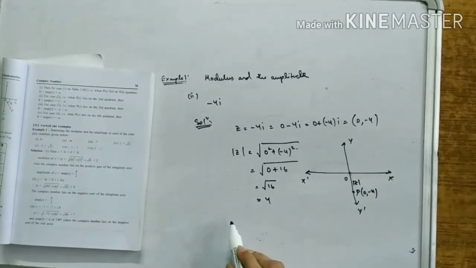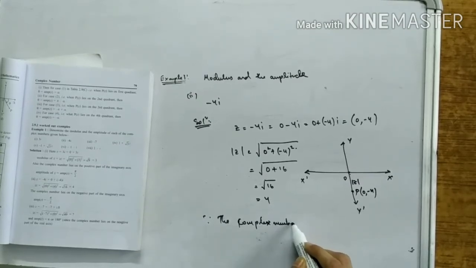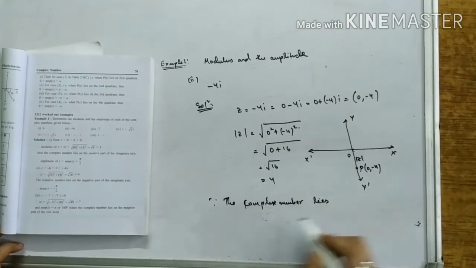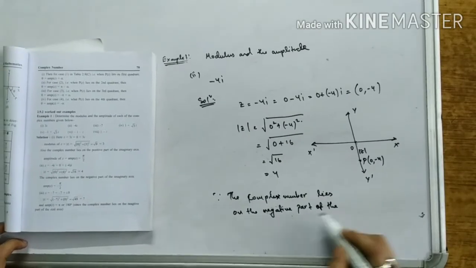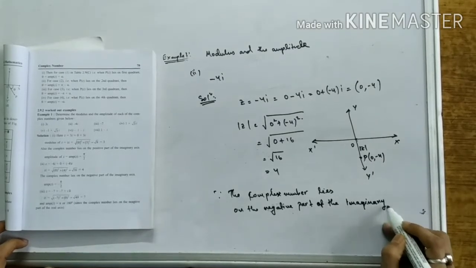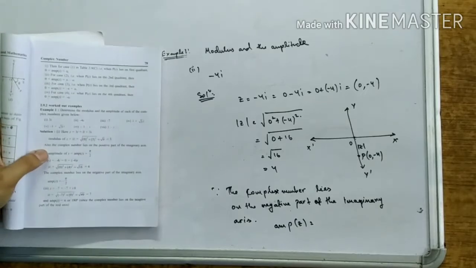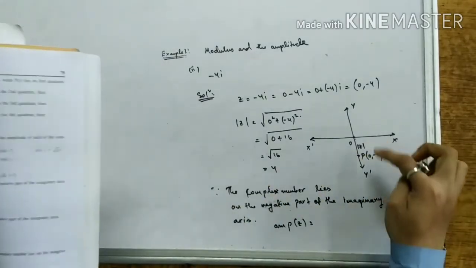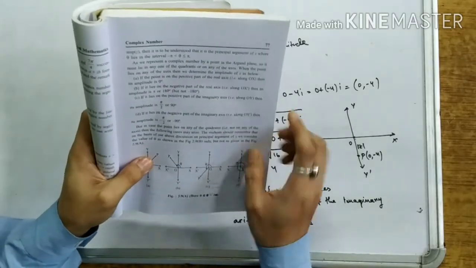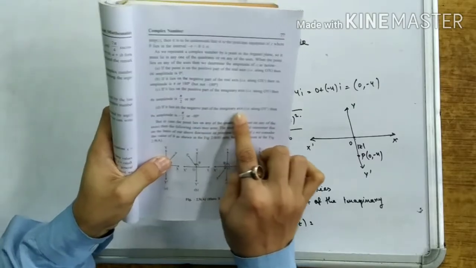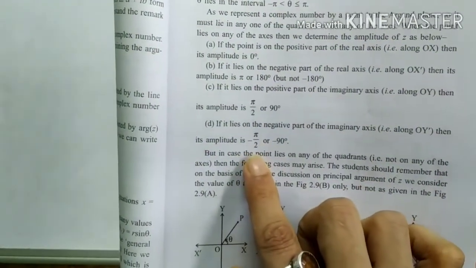Understand? And here, since the complex number lies on the negative part of the imaginary axis, therefore the amplitude of z will become, you see, if the point lies on the negative part of the imaginary axis, then the amplitude is minus pi by 2.